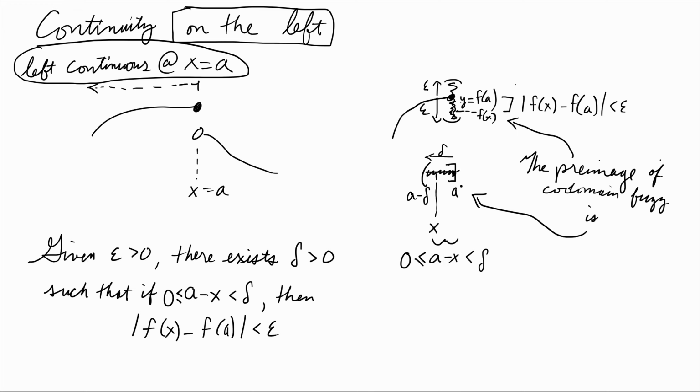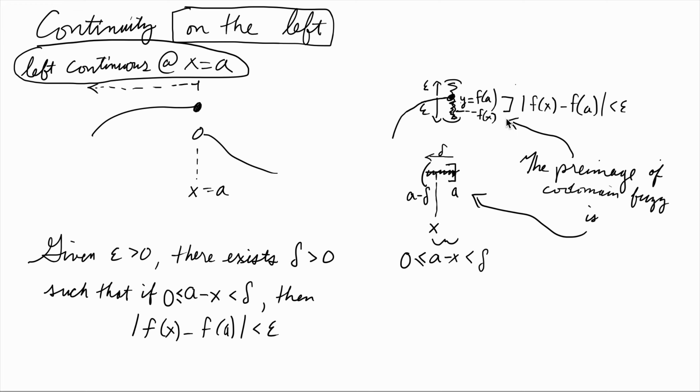So A minus x is going to be positive, of course, but we're also going to let it be less than delta. Why? Because we want this distance, A minus x, to be in this interval, not to go further away from A. If x is in the left domain fuzz from A, then the image of that particular x that we chose is going to be f of x.